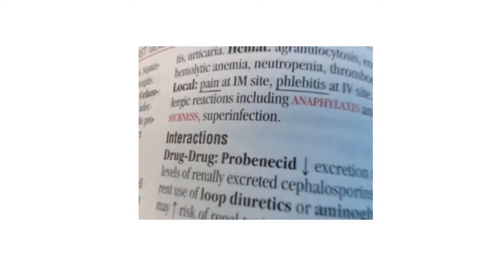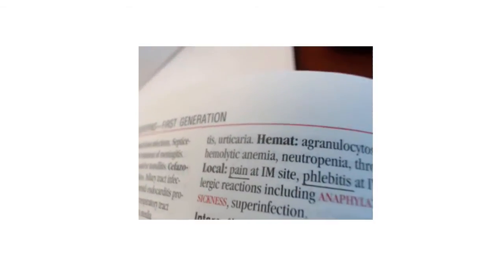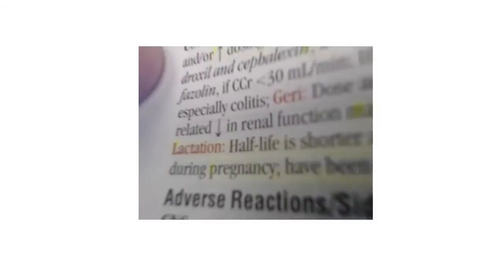Then let's move over to the other column, and we need to know about interactions. We also need to look at some of the adverse reactions. That was down at the very bottom of the other column. The adverse reactions and the contraindications. Let's look at the contraindications and precautions.